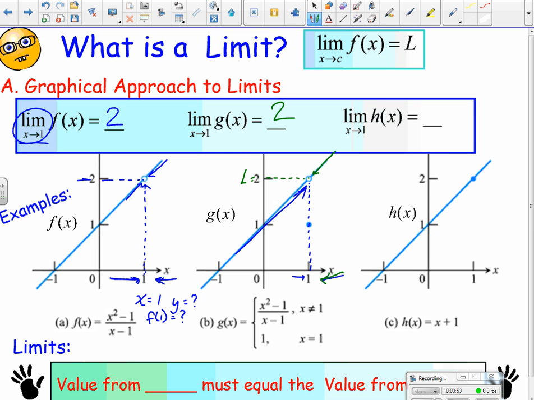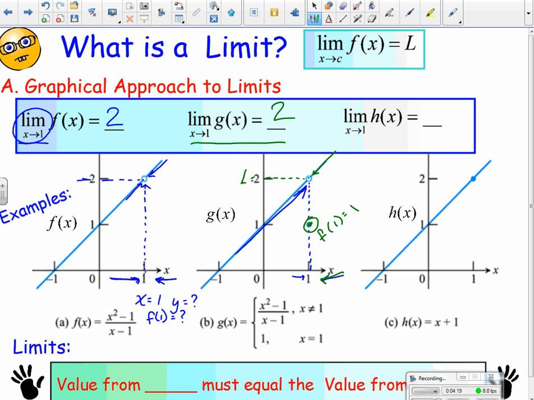Now what's interesting on this one is I have this dot existing right down there. That's just telling me that when I have f of 1, the actual y value in this function is, I'm sorry, 1. It's a height of 1. But from a limit perspective of this function g of x, the limit as I approach 1 is actually 2.